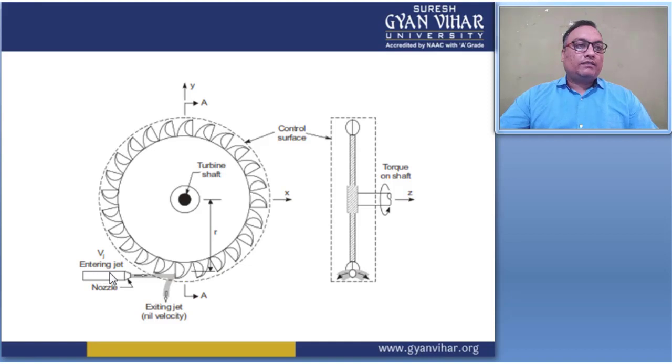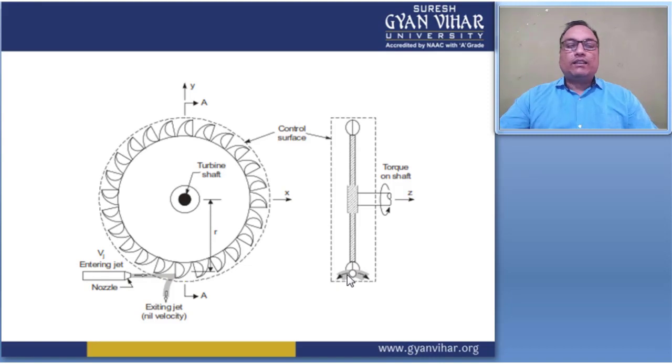So this bucket, this is the nozzle. This is the jet nozzle, and this entering jet has a velocity of v1, and this jet splits into two parts.